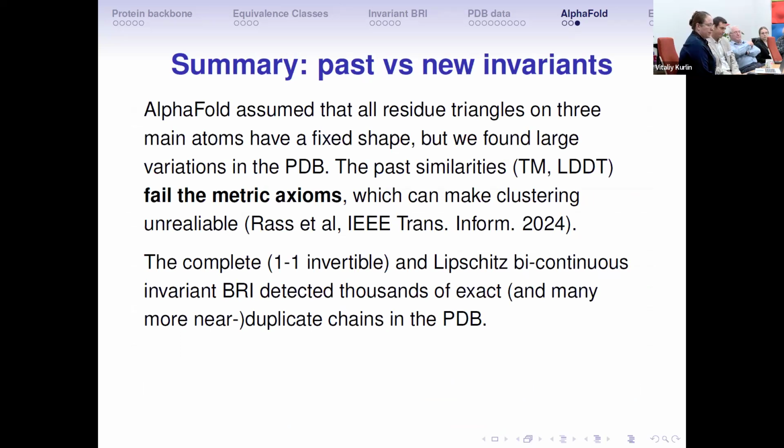So that is just work for the future, opening the AlphaFold box, and that was just a hint of how we could approach that. But let's do the summary of what was done.